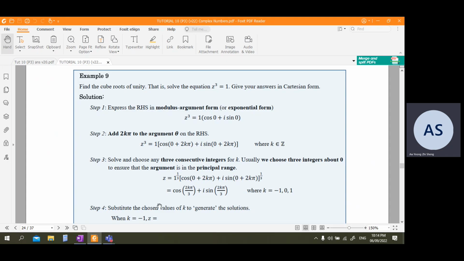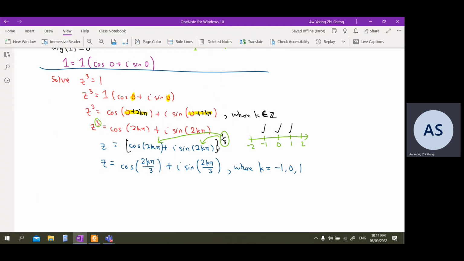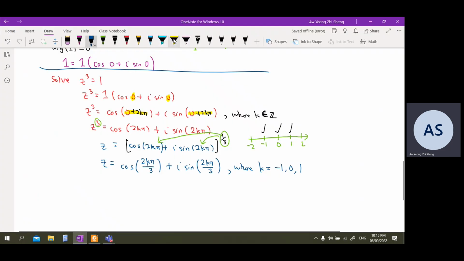Then what is step 4? Well, step 4 says just sub in the chosen values of k to generate the 3 different solutions. Okay. Now, why must we select integers which are near to 0? Okay.